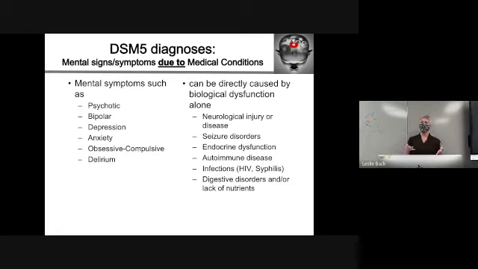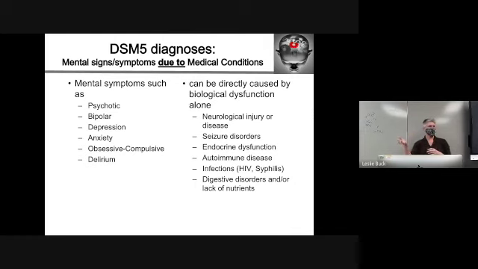But we want to acknowledge the mental symptom. So we have this diagnosis now that says, here's the mental symptom. It's a cognitive symptom. It's an emotional symptom. It's a behavioral symptom that's due exclusively to, the most common would be, a neurological injury or disease, a head injury, for example, a disease that attacks the brain.